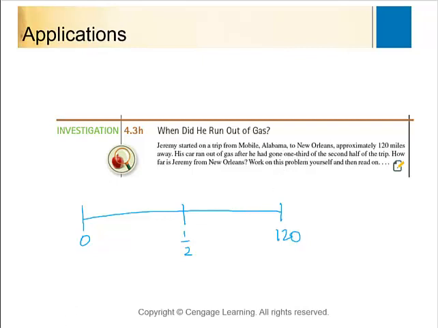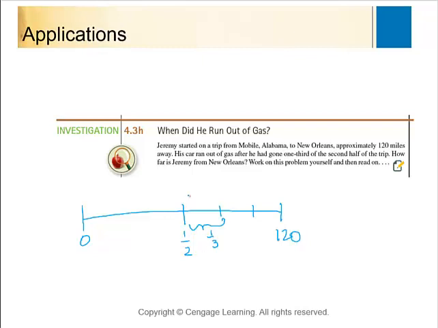My pencil went away whenever I went to draw, so pencil, pen. Okay, so he goes 1/3, so I can bust this into thirds when he's gone a third of this distance. Then he's sitting there out of gas.